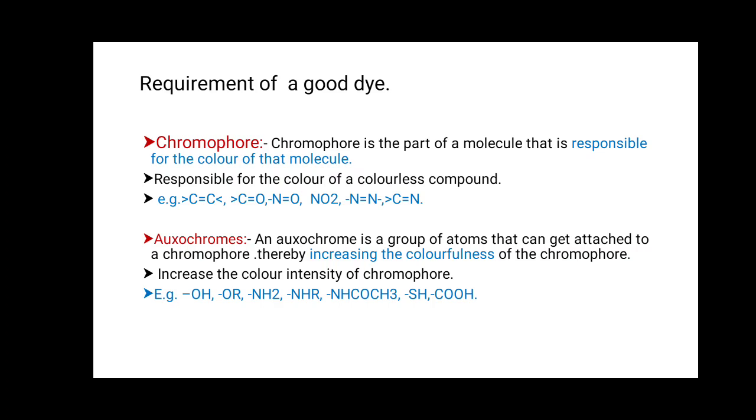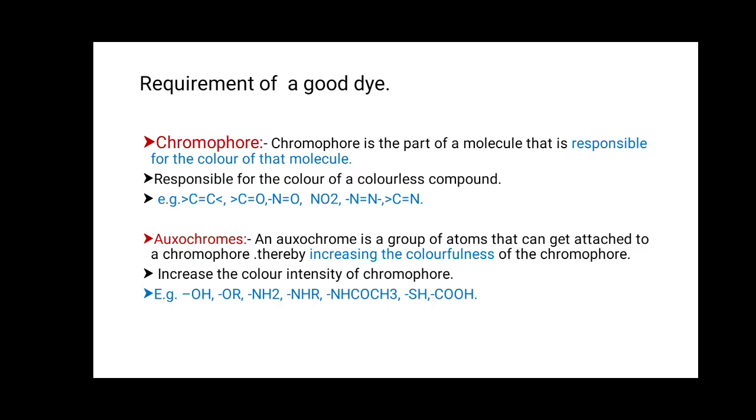Then oxochrome. What is oxochrome? Oxo means a group and chrome means color. An oxochrome is a group of atoms that can get attached to a chromophore, thereby increasing the colorfulness of the chromophore.